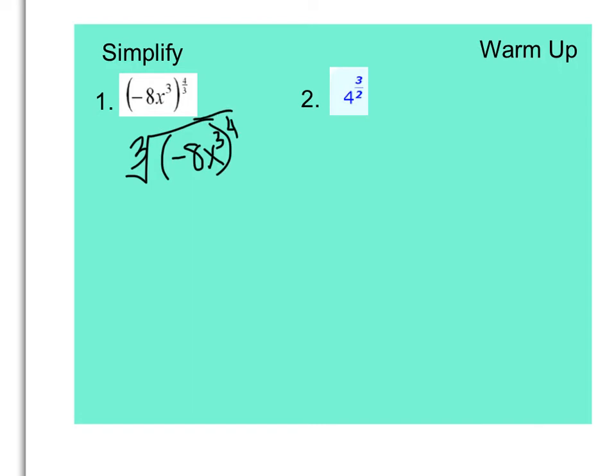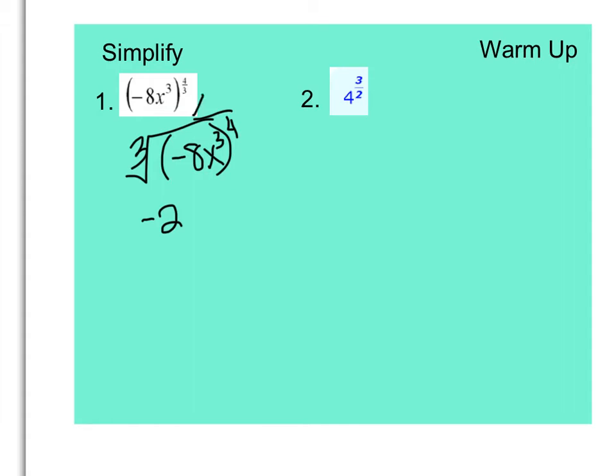Again, I always recommend taking the radical part first to make them smaller. The cubed root of negative 8 would be negative 2. The cubed root of x to the 3rd, I don't remember if this was part of it, but think of it.